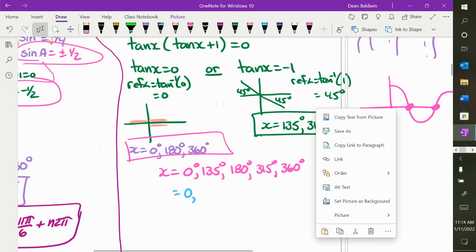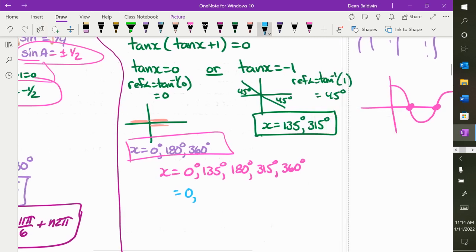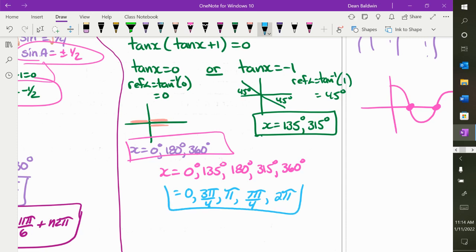It's a multiple of 45. 3 pi over 4. What's 180? What's 315? 7 pi over 4. 7 45-degree angles. What's 360? There you go.